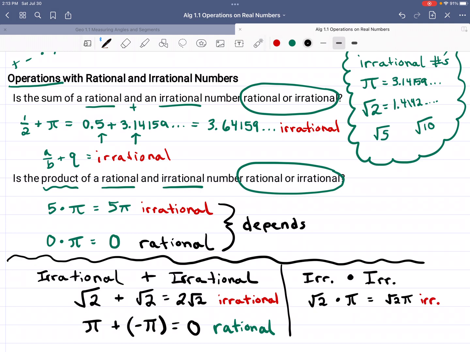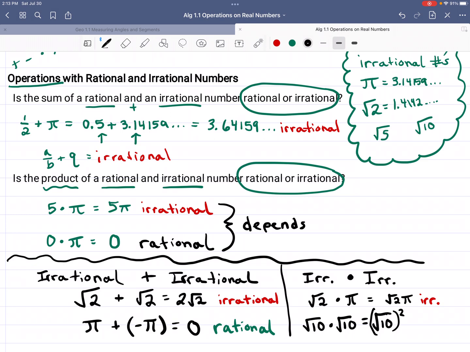But if we multiplied the square root of 10 times itself, the square root of 10, and there's plenty of examples to show this, I'm just picking a couple. Well, that would equal the square root of 10 squared.